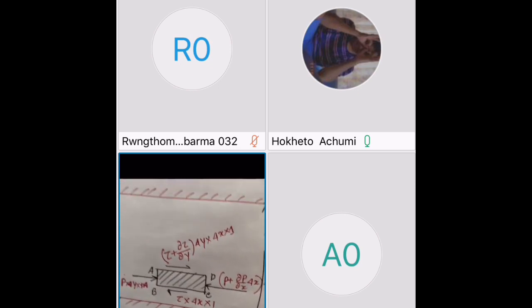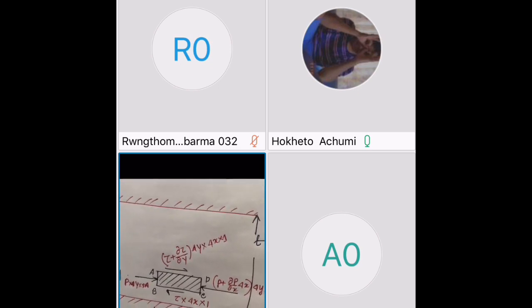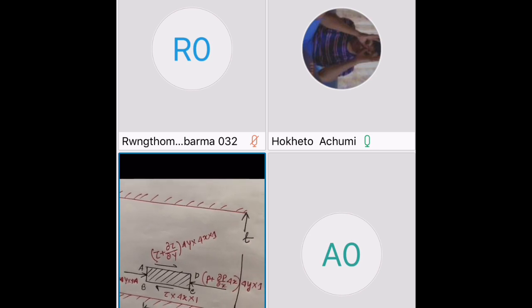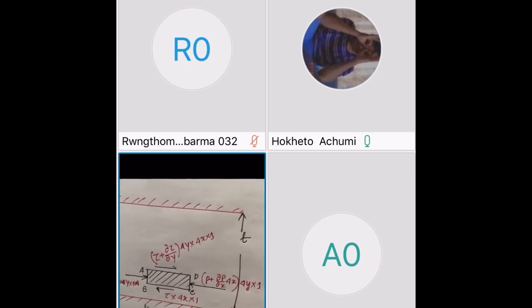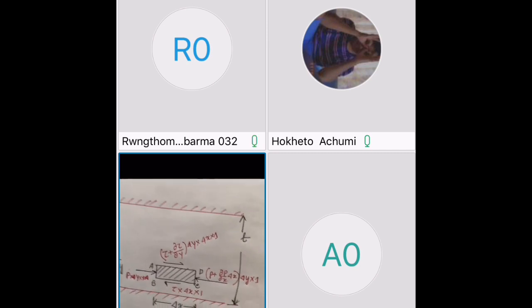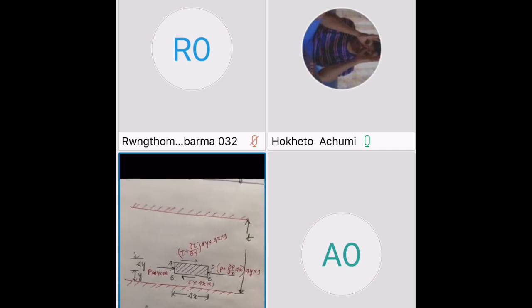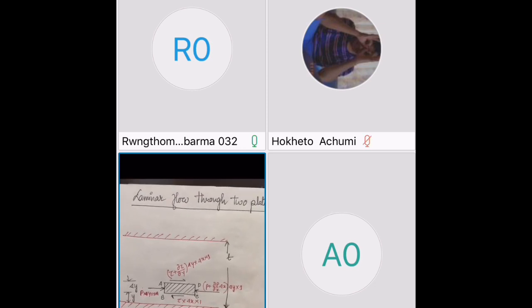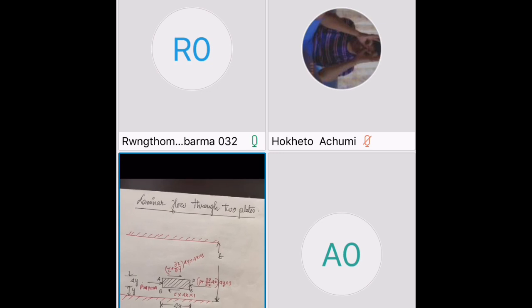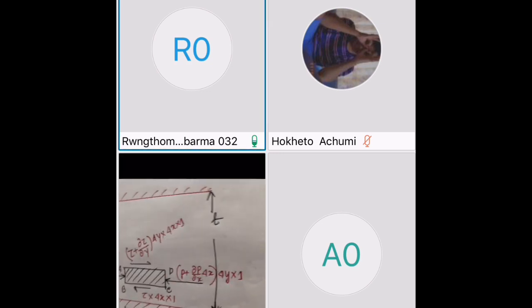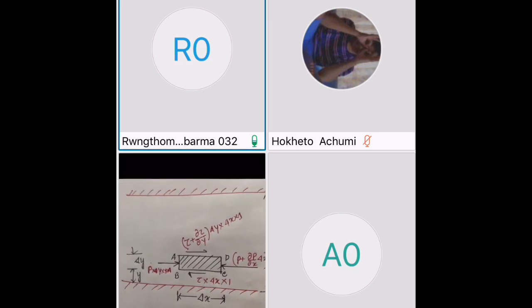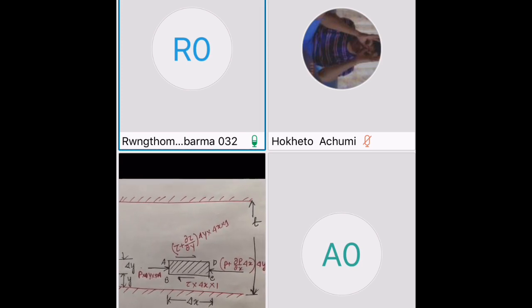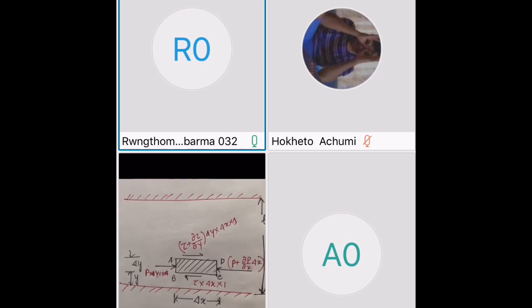Yes, as you can see, the resultant will be 0. That means the summation of all the forces will be 0. If you add all the terms, you can solve it yourself also, okay. So the equation will be P del y into 1 plus minus P plus del P by del x into del x whole into del y into 1.